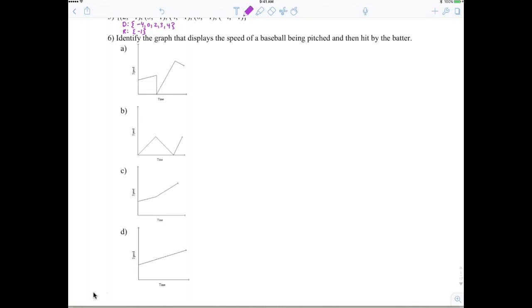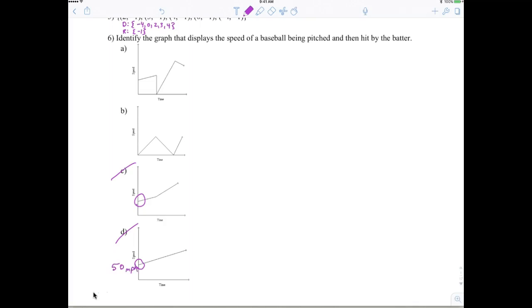Does everybody agree that we can now eliminate what? What two can we eliminate pretty safely? I think we can eliminate C and D. Now, this right here says there is an initial velocity. Let's say, for example, I'm just giving some number here, 50 miles per hour.